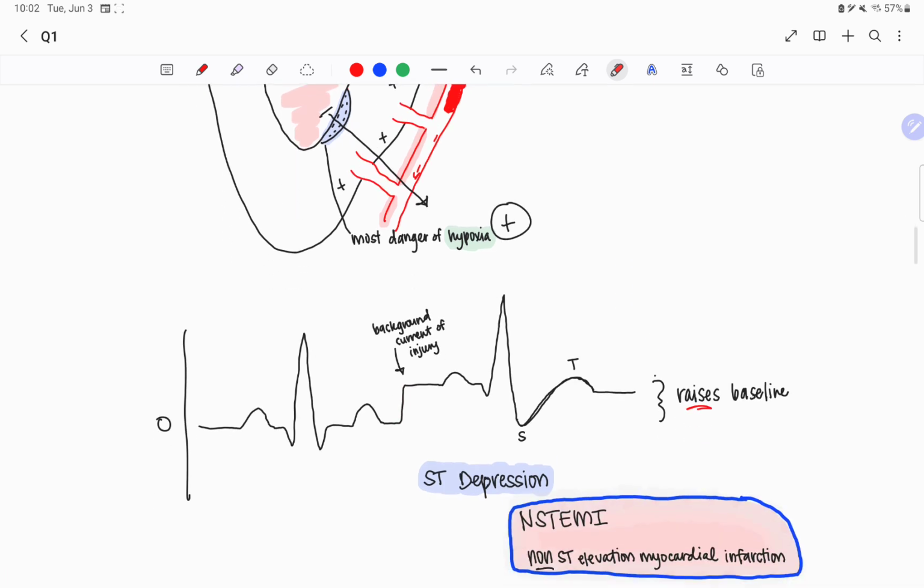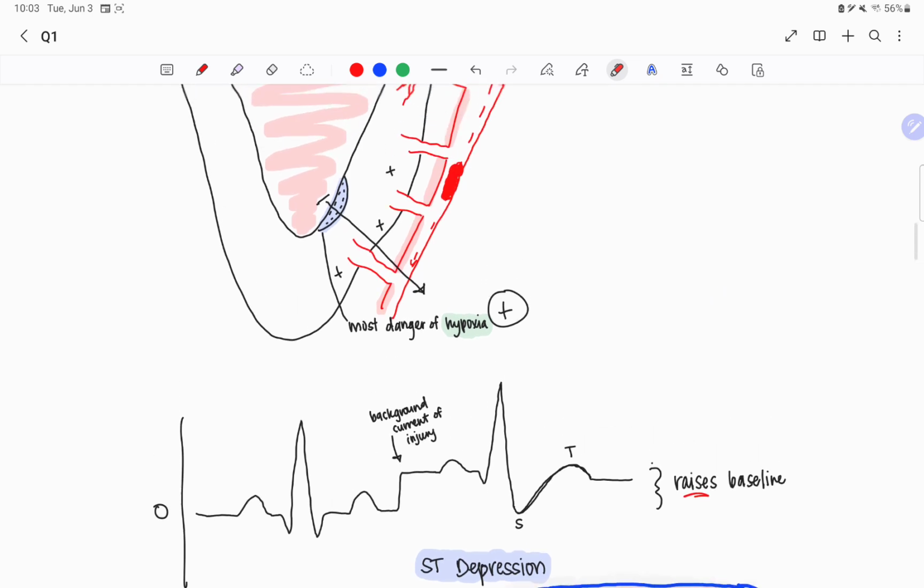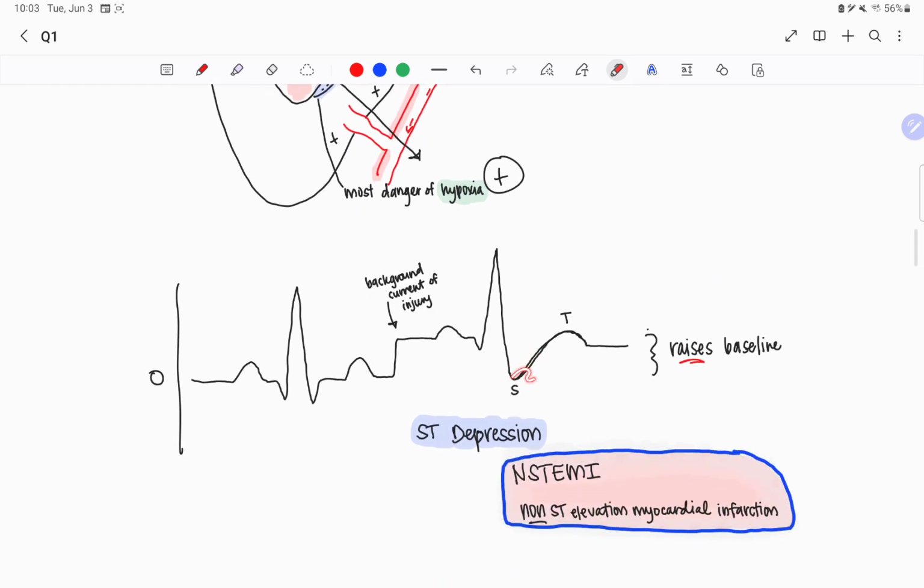It raises the baseline. Okay. Now, what happens here is after we have our Q, R, and then S drops all the way down to the old baseline. And then what happens is it comes slowly all the way back up. So it's called an ST depression because the S is lower than the T.